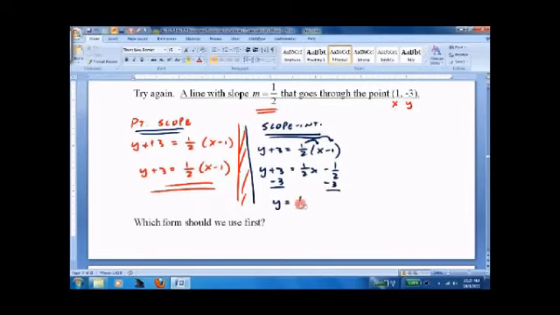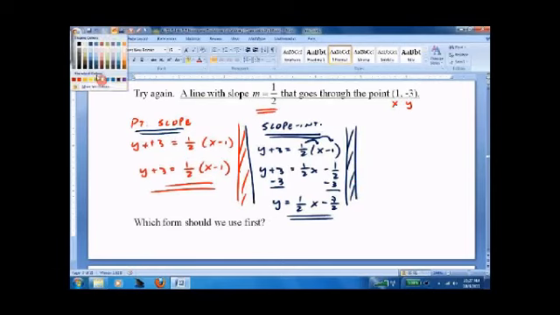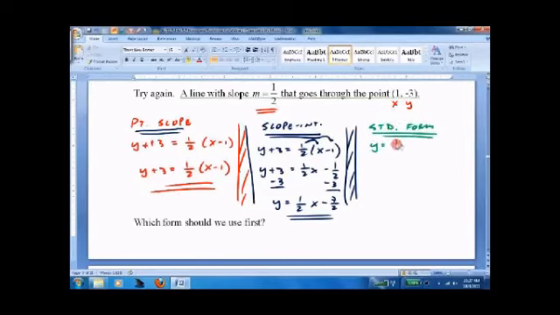Y equals 1/2 x minus, if I multiply this by 2 over 2, I get -6, and that's over 2. One to go, and that is standard form. Y equals 1/2 x minus 7/2.